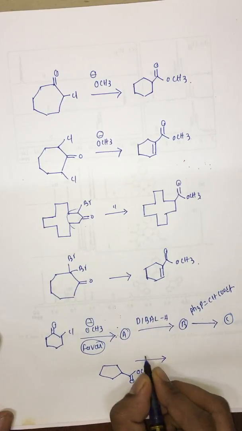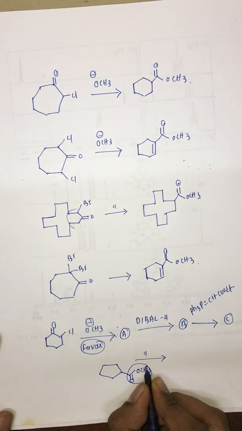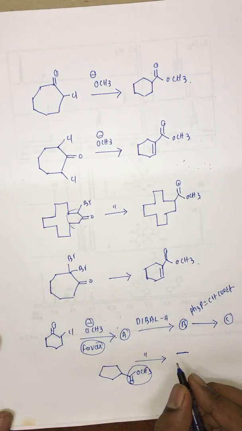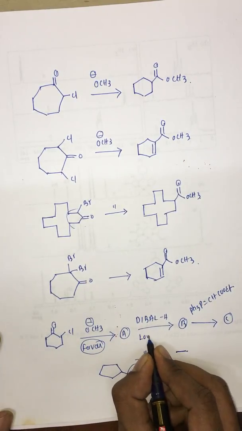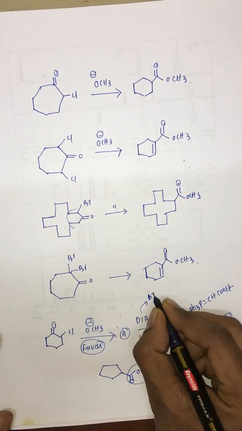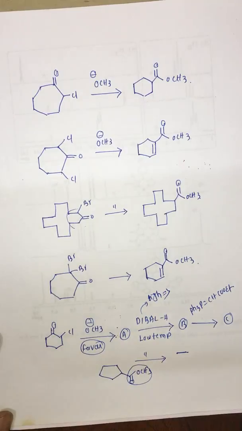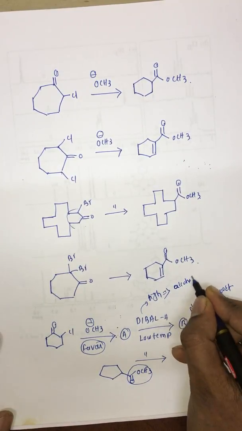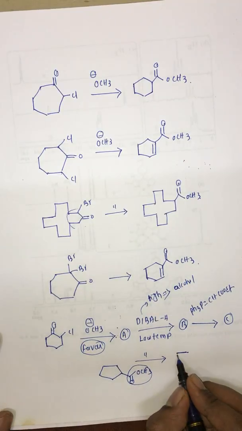And in the second step, DIBAL-H converts esters into aldehydes. And here the temperature is mentioned. This is low temperature. So DIBAL-H at high temperature, everything gets converted into alcohols, but at low temperature esters are converted into aldehydes.